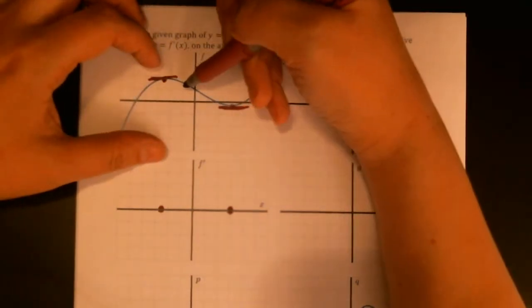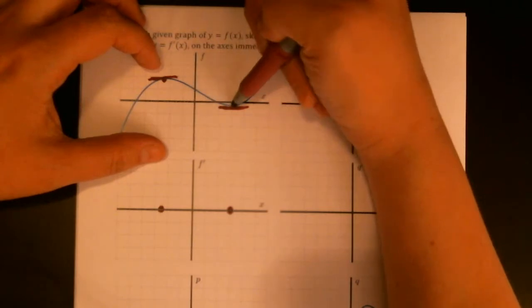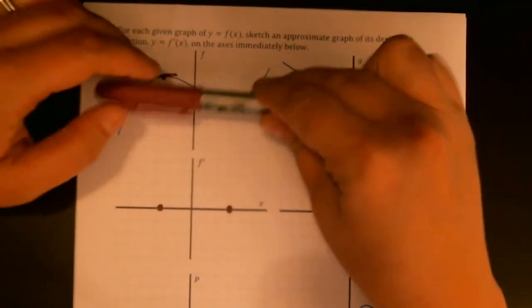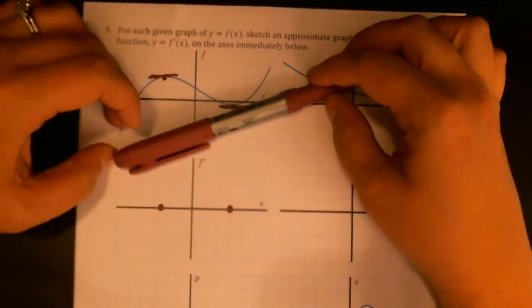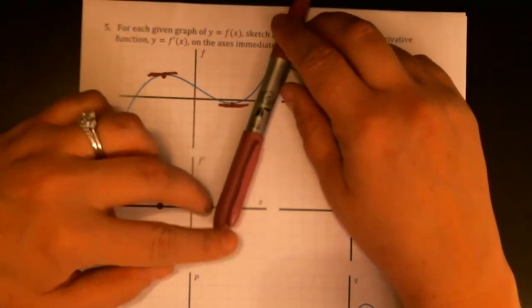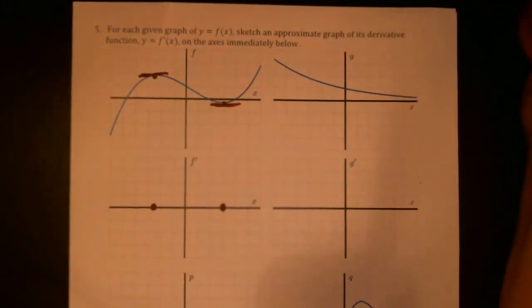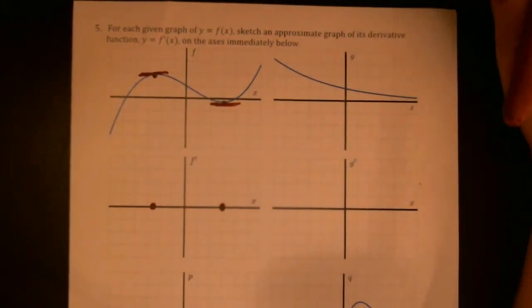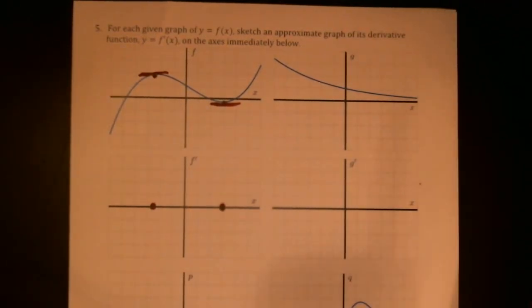So those are negative, more negative, less negative. And then out at this end, they become positive again, and they just get bigger and bigger and bigger as my x value increases.